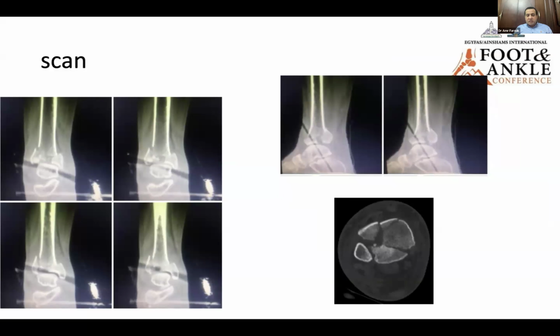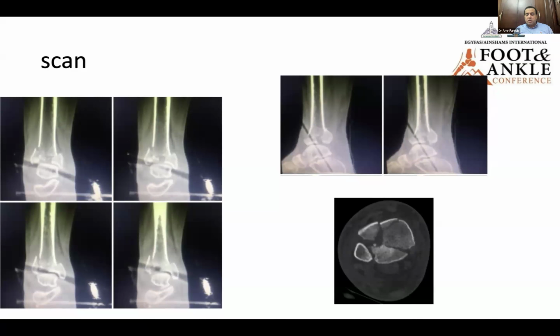This is a posterolateral column and a medial column and an anterolateral column, and the fibula is the last one. So it's clear here that we have about 3 large fragments: posterolateral, medial, and anterolateral fragment in the tibia.